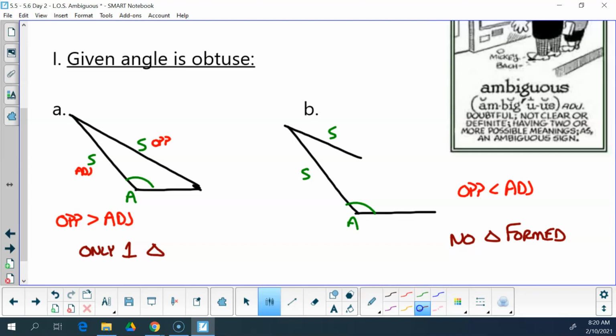And you'll know which one's the opposite side because it will have the lowercase letter of your angle. You'll have that complete fraction that we were looking for yesterday in the law of sines. But you'll only be given one angle, so you won't be able to continue with it. So that is the obtuse angle.